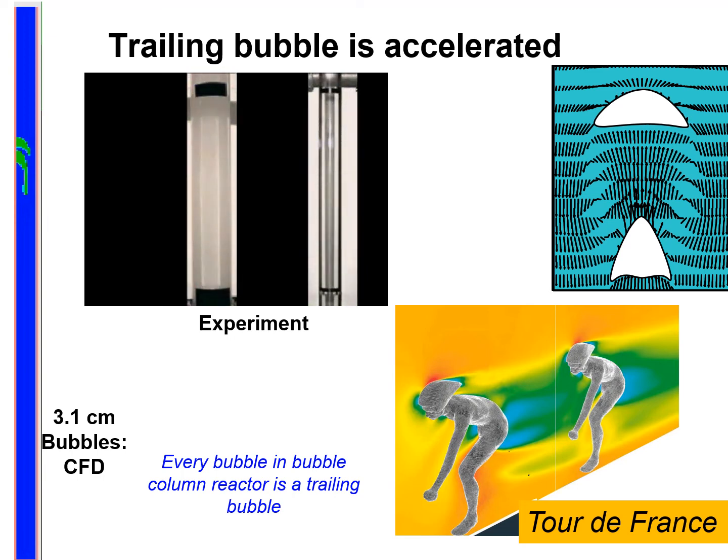You can see clearly, once more, that the trailing bubble catches up with the leading bubble and coalesces. The explanation is as follows. The leading bubble has a wake which draws in the trailing bubble, and the trailing bubble gets accelerated.